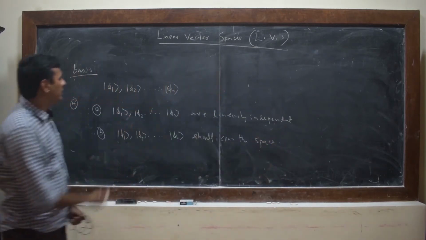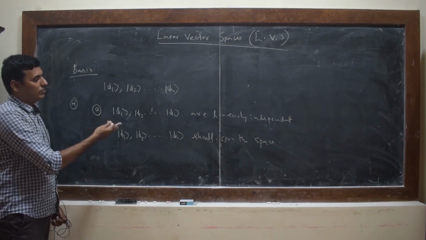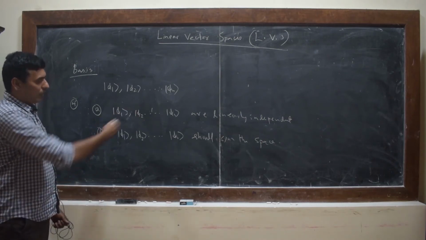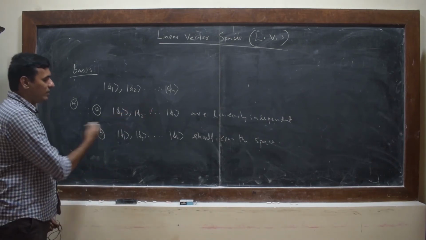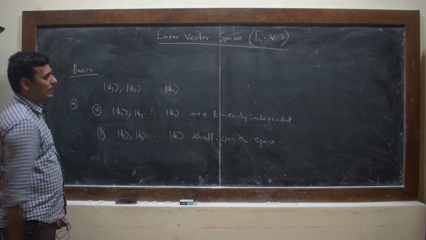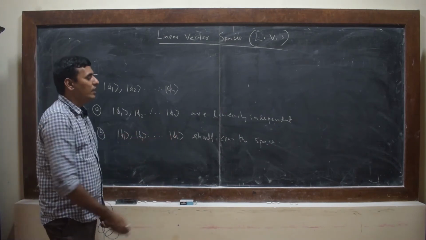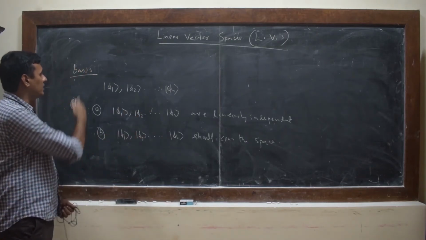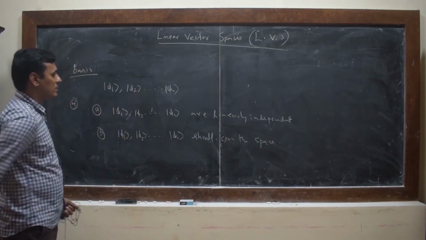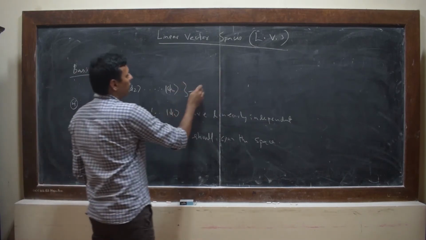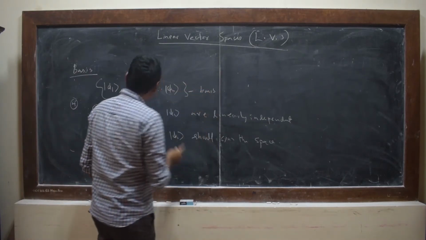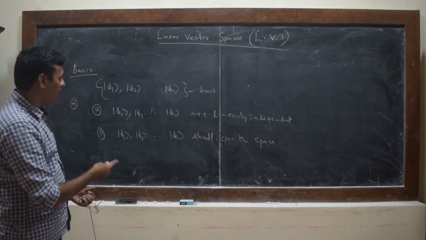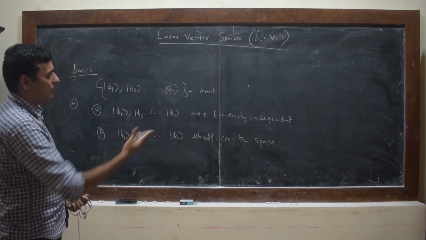If these two conditions are met, that means phi 1, phi 2, up to phi n are linearly independent, and this set should span the space, then you can say that this set forms a basis. I will explain what we mean by linearly independent, and what we mean by spanning the space.